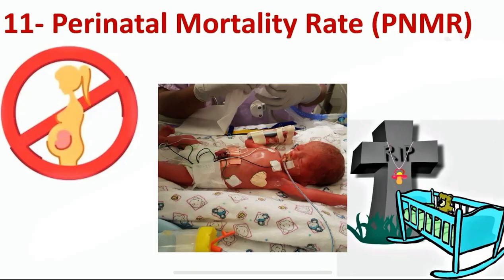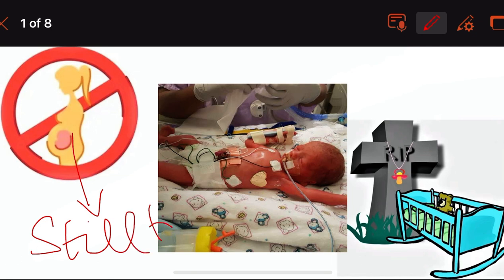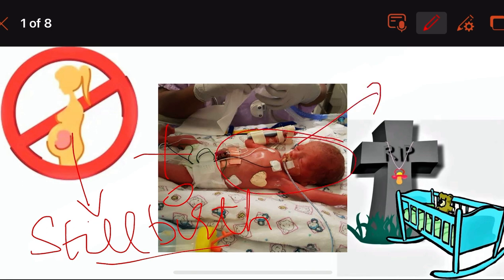So we see that the perinatal mortality rate, as per the current definition, includes the babies which are born dead, that is the stillbirth, and the babies who are dying within 7 days of birth.